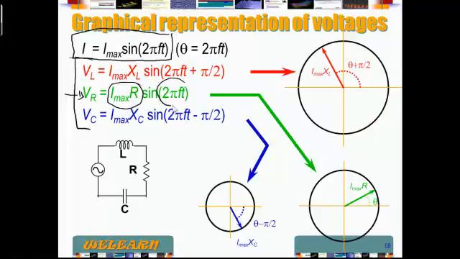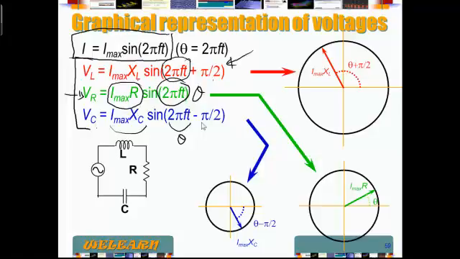Now 2 pi f t is my theta in this case. VL is I max XL. It is 90 degrees ahead of VR, so this is theta plus pi over 2. VC is VC max, which is I max XC, times sine of 2 pi f t, my theta, minus pi over 2, since it lags by pi over 2.